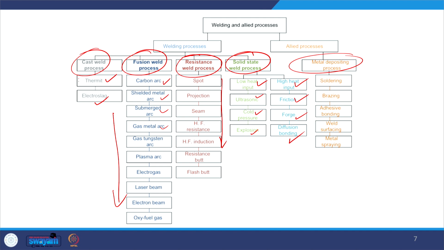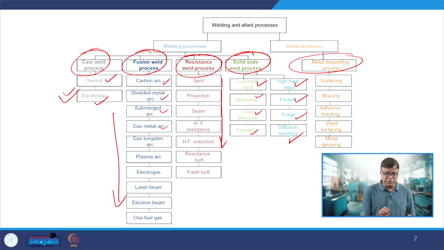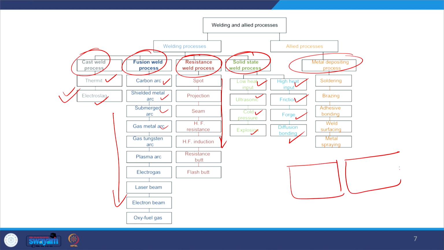Cast welding processes are those where molten metal is fed from the outside, or the conditions are similar to that. The conditions being similar means the rate of cooling experienced by the molten metal during solidification is very low. In thermite welding, we supply the molten metal from outside at the interface, and once the molten metal is filled in, by the heat dissipation from the molten metal, solidification takes place and the joint is developed.